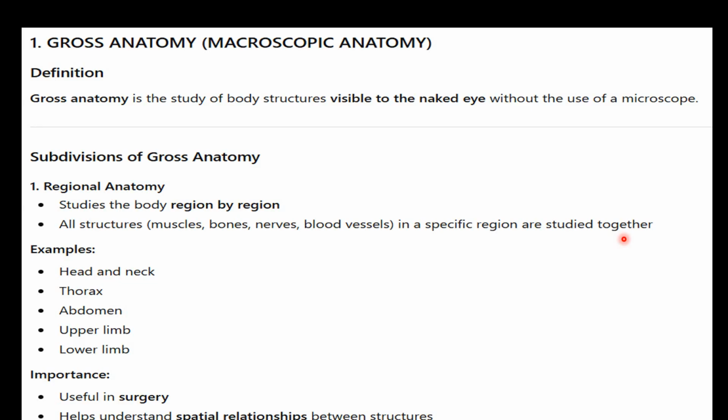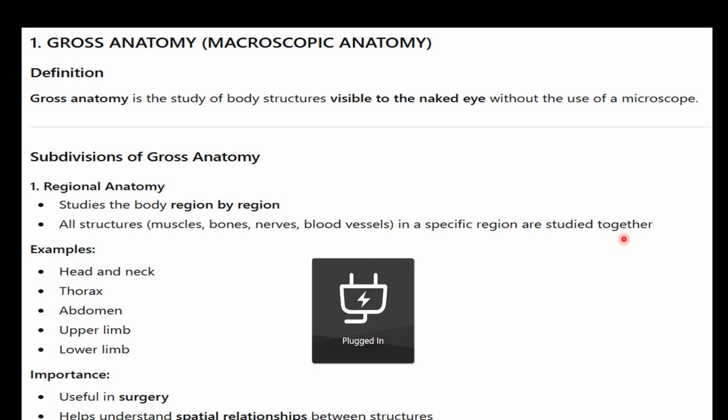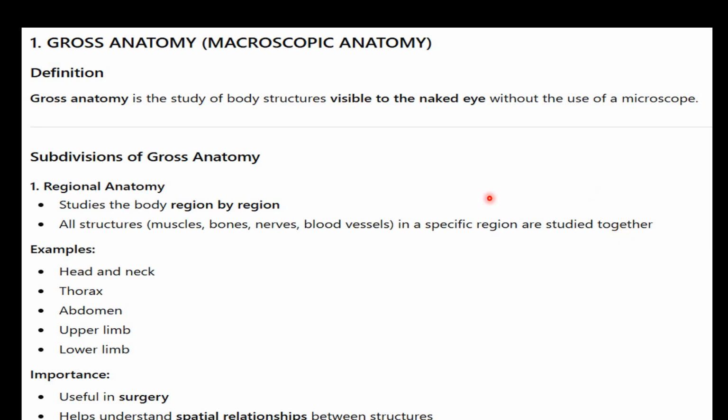This is a very important line, because if all the structures that come under a particular region are studied together, that kind of study is called regional anatomy. For example, muscles, bones, nerves, blood vessels: if they come under the same specific region and we study region by region, it is considered regional anatomy.